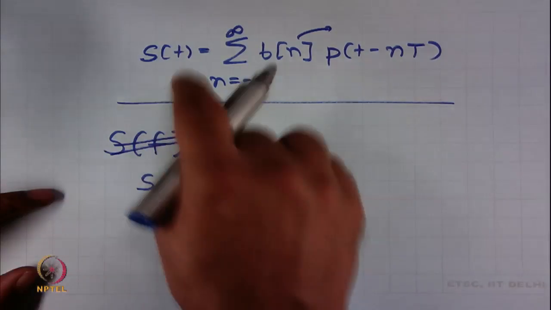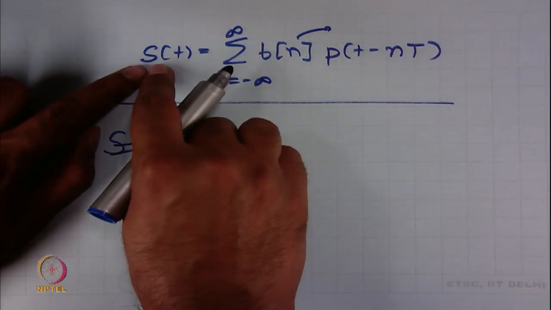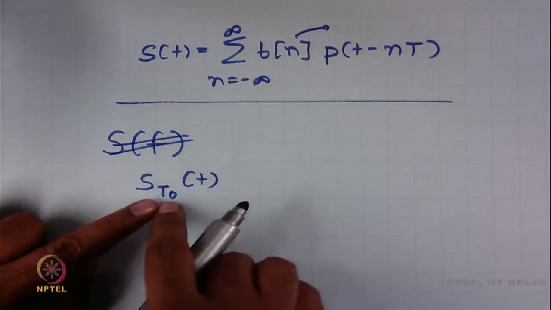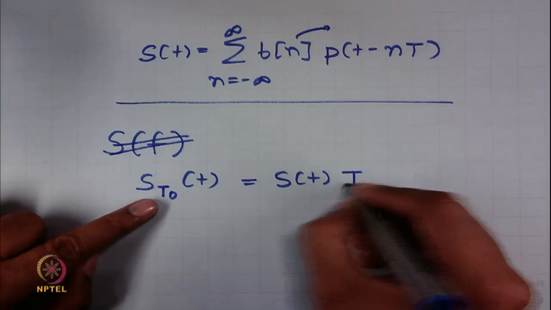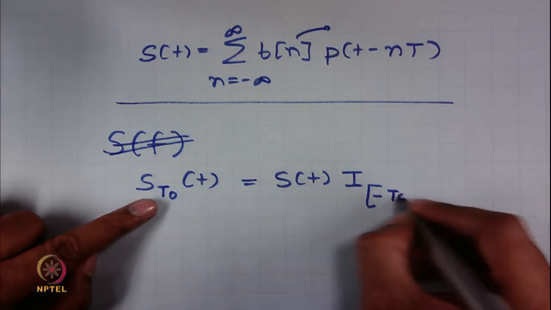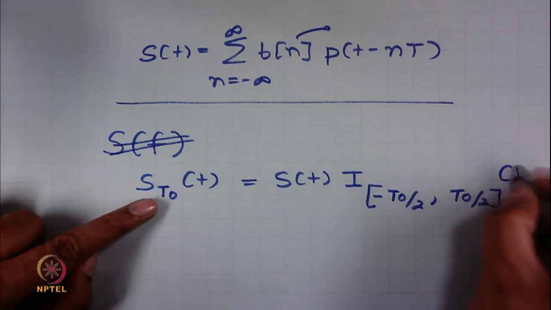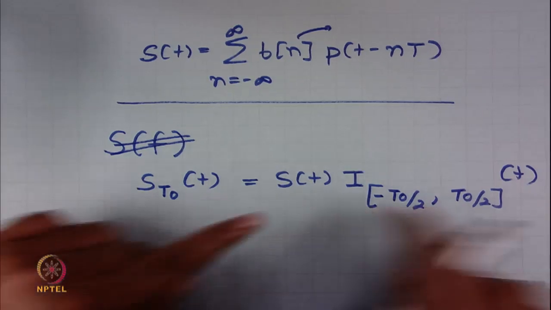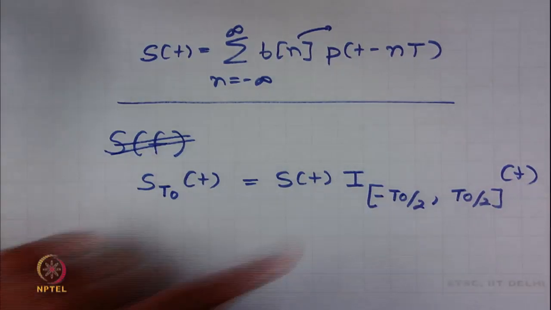So, we say that we are not having S(t) going from minus infinity to plus infinity, rather we have truncated it to T naught. So, let us say we are using S(t) and I have truncated it for a duration T naught. So, now I am having a signal which spans only from minus T naught by 2 to plus T naught by 2.